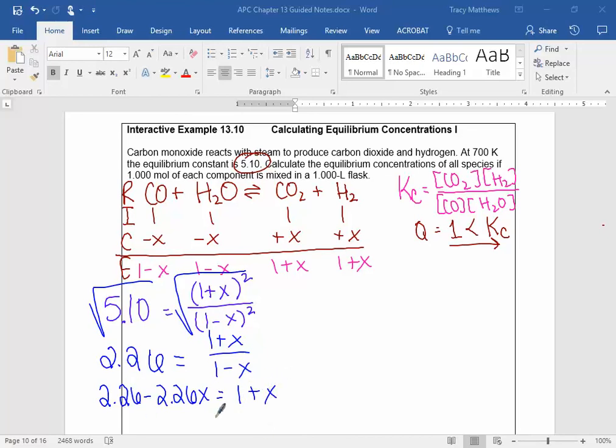And now combine like terms, right? And x is what? 0.387, yes.